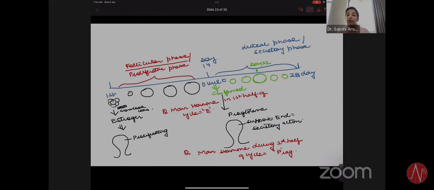And अब जो भी होगा वो corpus luteum को होगा. पहले corpus luteum बढ़ेगा till day 22, then corpus luteum short होगा. Right? So whatever is happening in second half is happening to the corpus luteum. So second half is also called as luteal phase. And second half में जो main hormone होता है, that is progesterone. And progesterone supports the endometrium, which is called as secretory endometrium. So second half को luteal phase या secretory phase भी कहते हैं.